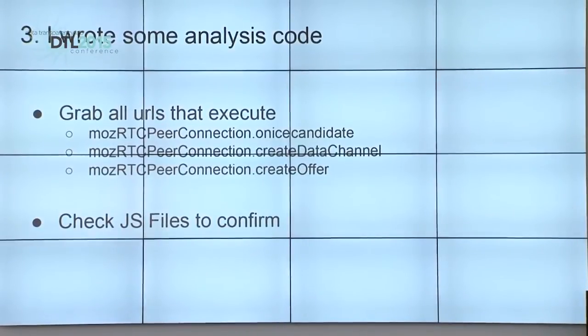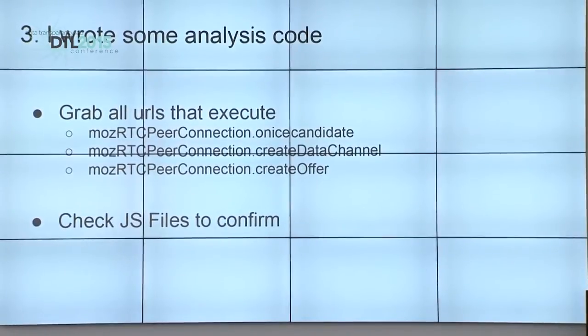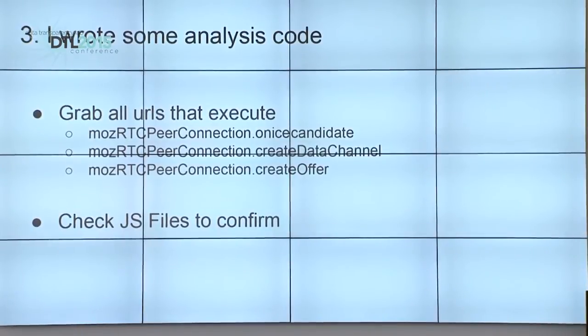While the crawl was running, I wrote some analysis code. Essentially, if you want to grab the local IP, you need to use a couple of these methods. So we wanted to see who was using that. And then I was able to check the JavaScript files that we saved to confirm that it was actually happening.